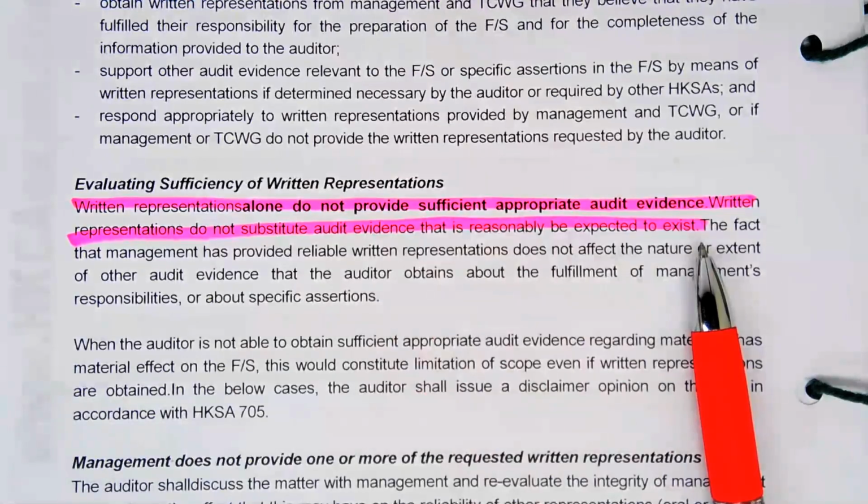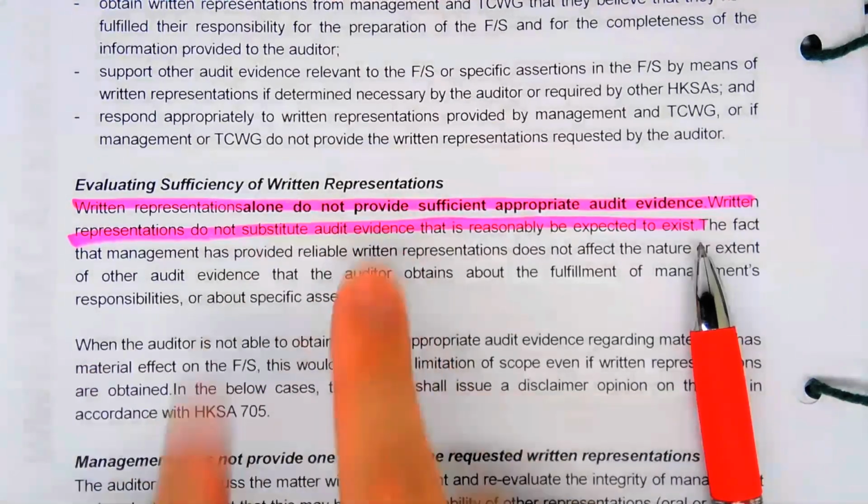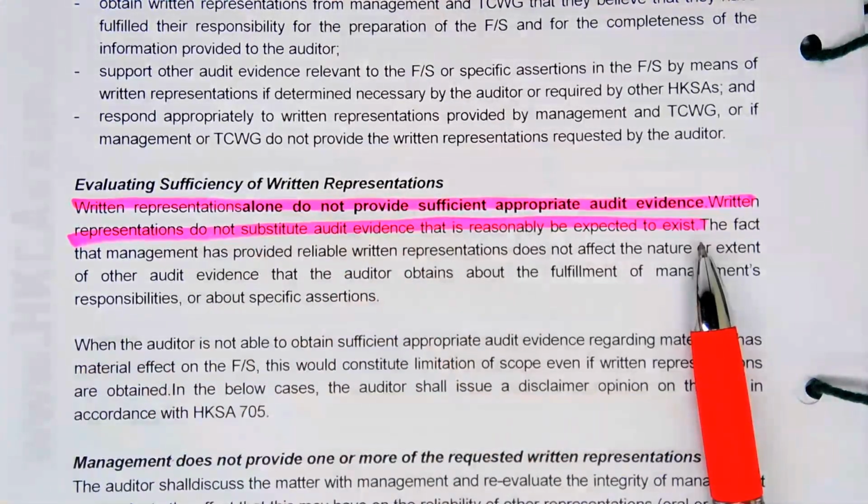Everything you need to do, you still need to do it. So again, same sentences, nothing's changed, just adding something new. We will need to obtain a written representation from our client, making them say they already told us and provided us everything they know and they have on hand. We already have everything we got.